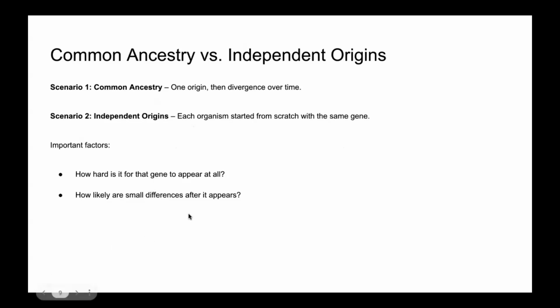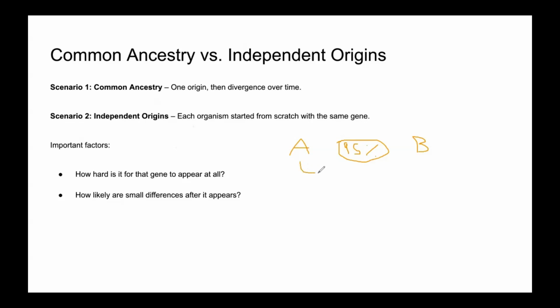Just to explain this better, let's say that you had scenario one where you have A and B. Now, A and B are both 95% identical in terms of their DNA sequence, right? And with regards to common ancestry as being the first sequence, again, the question is what explains the 95%?